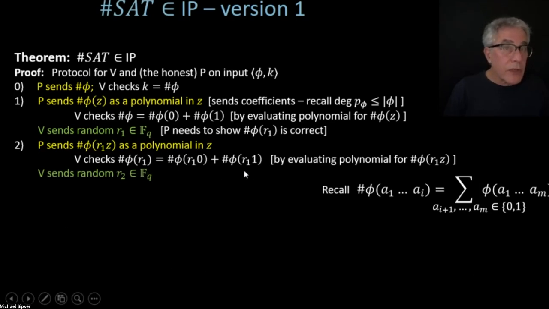So now, the prover has sent this polynomial in stage 2. Now the verifier needs to be sure that polynomial is correct.